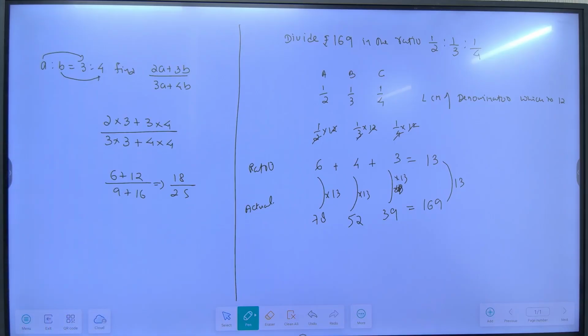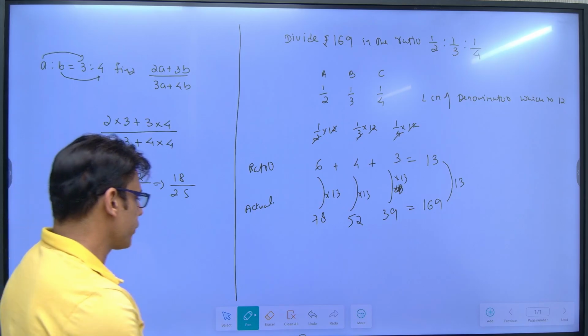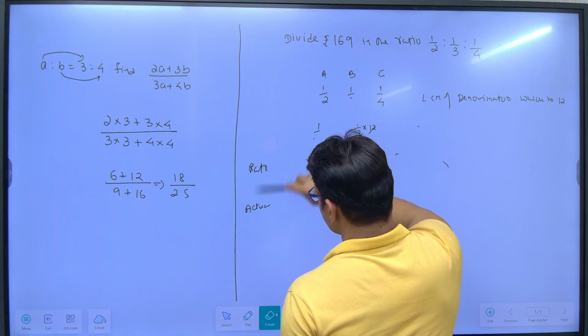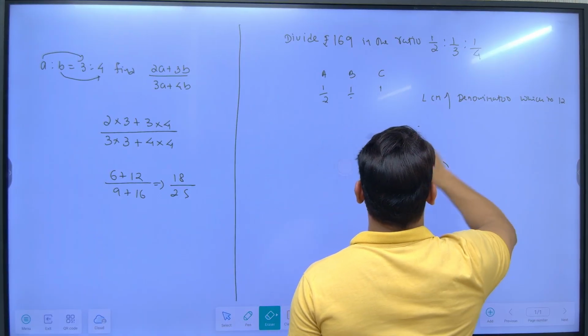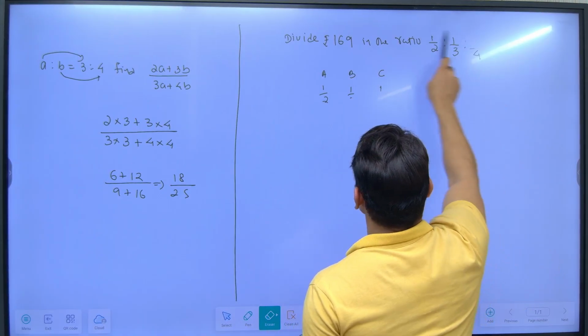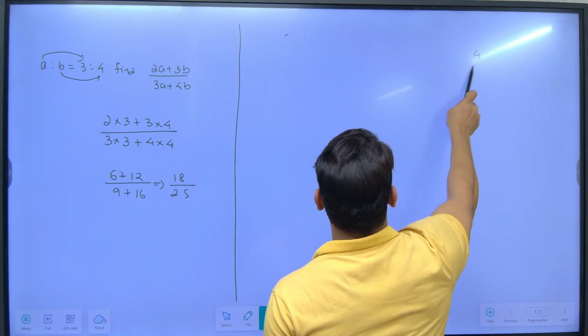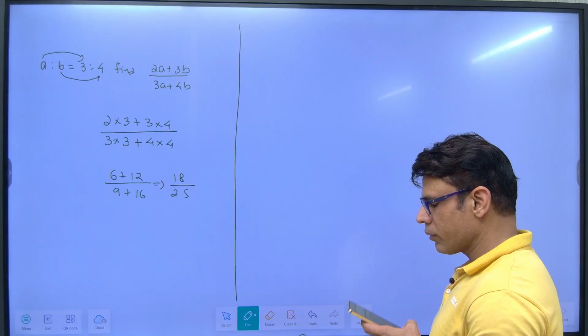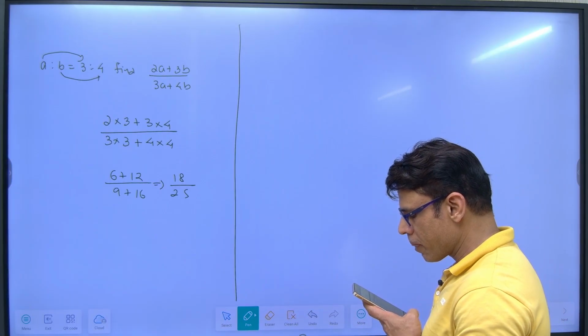If the given thing is the ratio and final answer is also in ratio, then simply find out the ratio values, right?